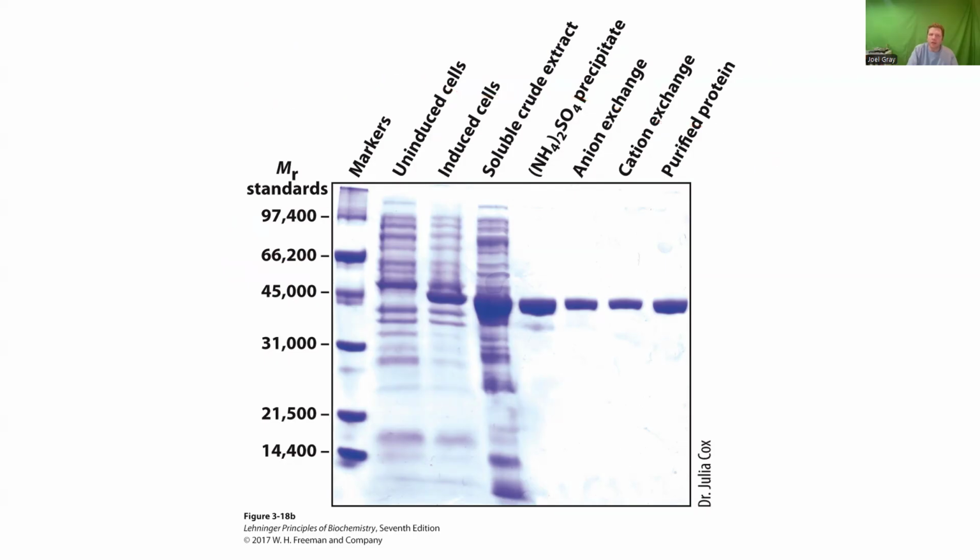What this is showing is we've got our crude cell extract, CCE. This right here is a soluble crude extract. Think about this as our CCE. These two represent controls, both positive and negative controls in experiments.